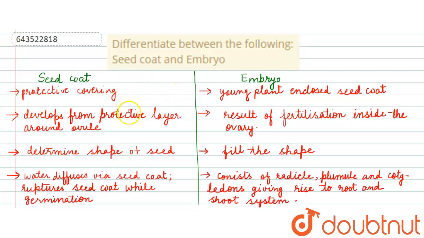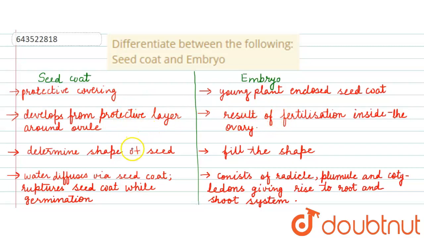So here we discussed the differences between seed coat and embryo, where the first difference was seed coat is a protective covering, whereas embryo is the young plant enclosed by seed coat. The second difference we mentioned in terms of development, that seed coat develops from the protective layer around ovule, whereas embryo is the result of fertilization inside the ovary.